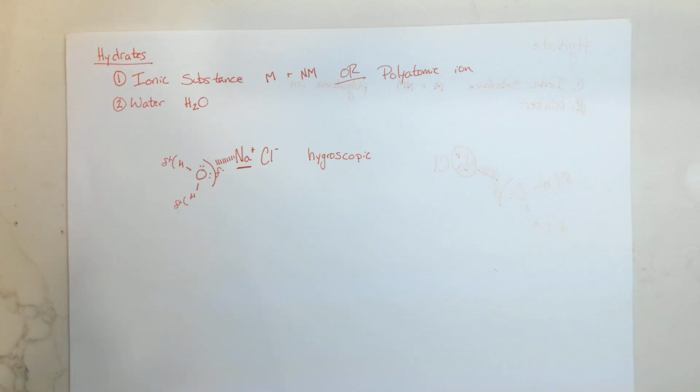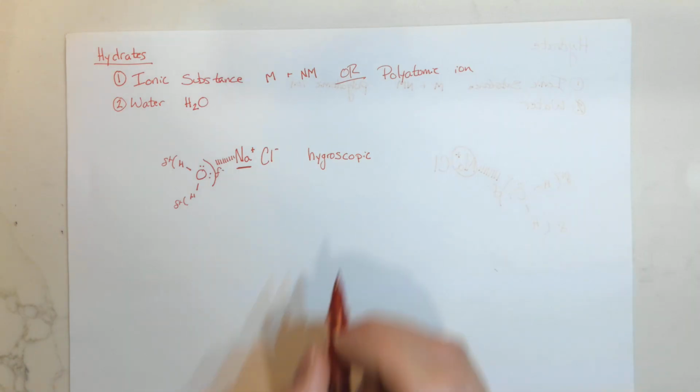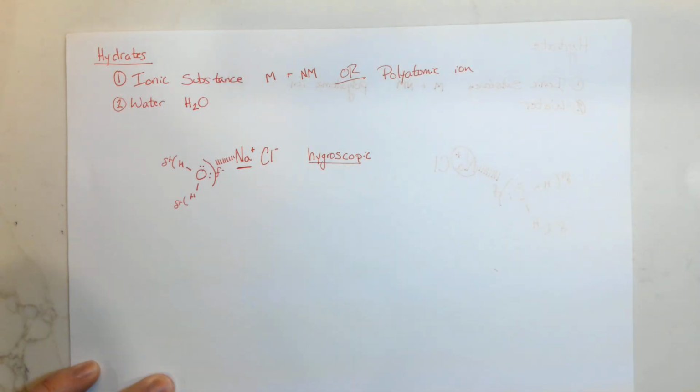If any of you have ever had salt cake up in your salt container, whatever it may be, and it forms these large clumps, it does that because it's pulling water out of the air, and it's changing the properties of that substance. Right? We call that hygroscopic. Great. Let me go ahead and continue reading.